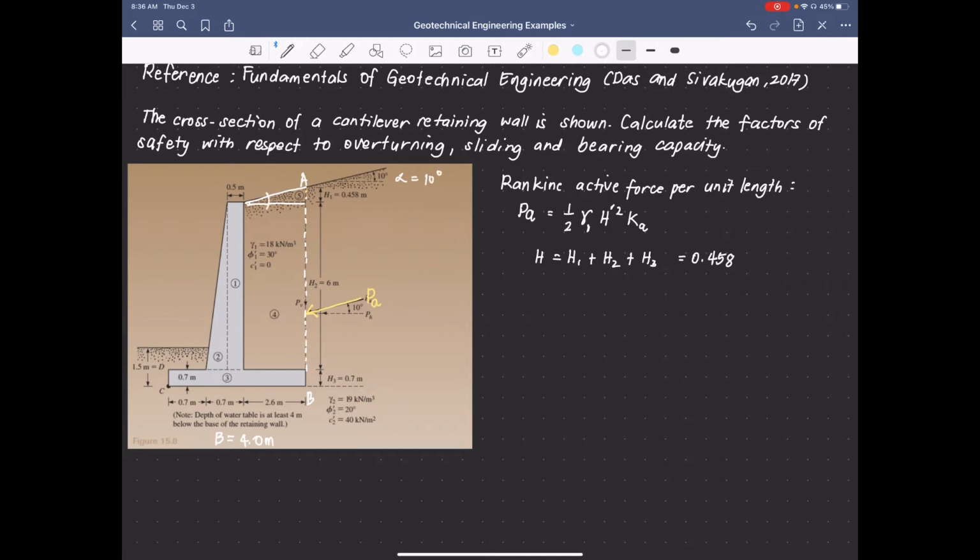Here, that's the angle here, and you have this dimension, which is 2.6 meters. H2 is given, which is 6 meters, and H3 is also given, which is 0.7 meters. And so the H prime here becomes 7.158 meters.